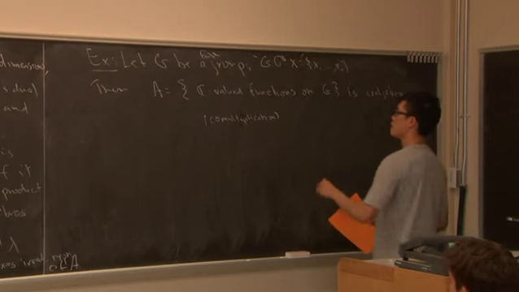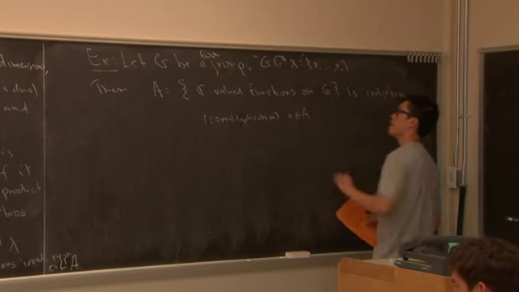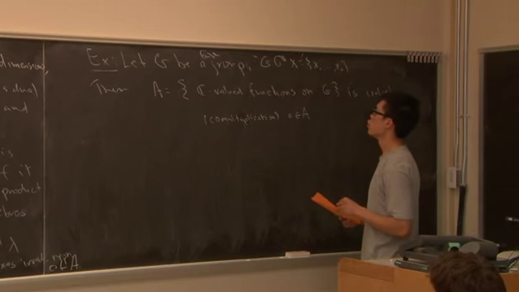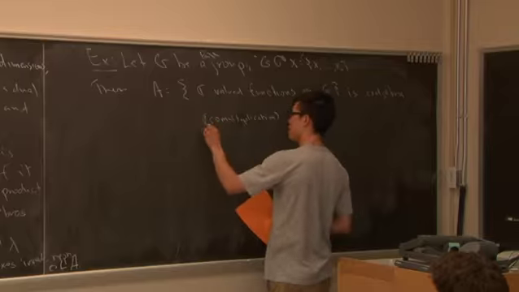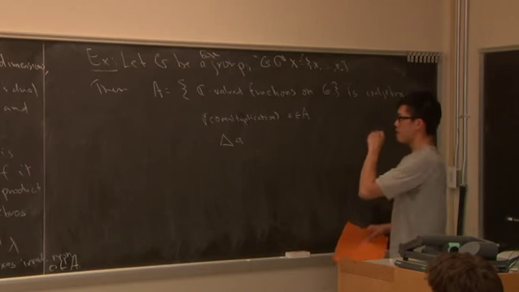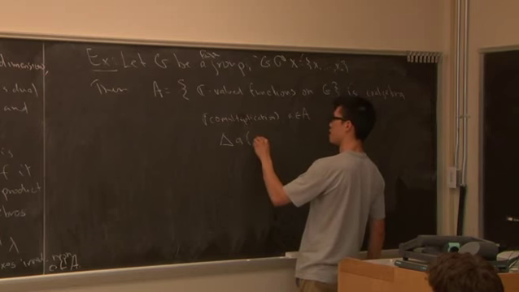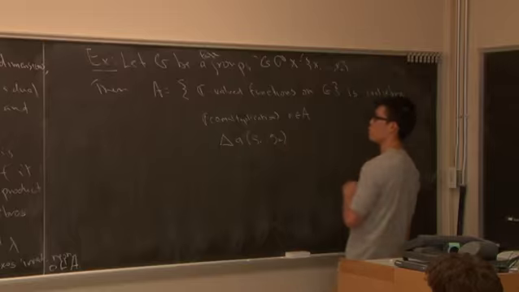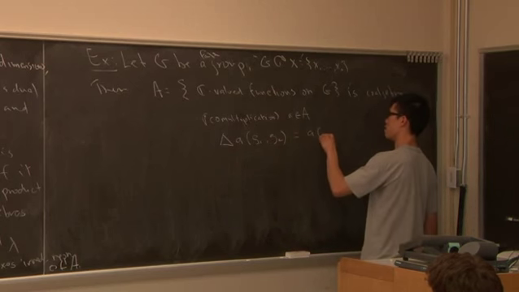What's that going to be? So if I have some A, which is a complex valued function on this group, then we can define this sort of co-multiplication of A, which should be evaluated on two group elements to just be A of their product.